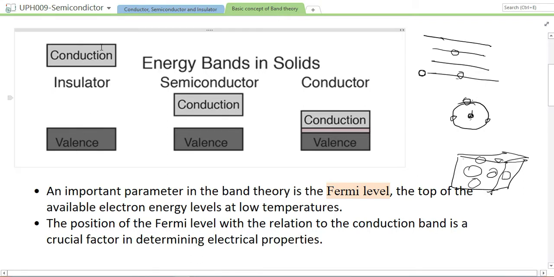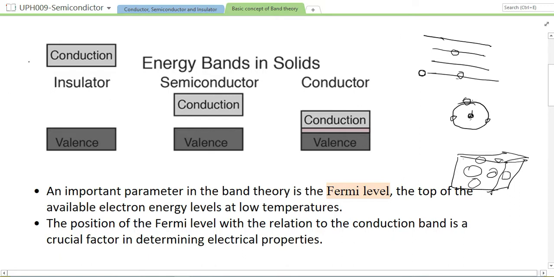Here the energy bands are shown for insulators. The energy levels of these outer electrons form two different bands. One is called the conduction band, another is called the valence band. In an insulator, there is a finite difference between these two energy bands. There is a gap, called the forbidden zone or forbidden band. In this energy range, there is no energy level, right?